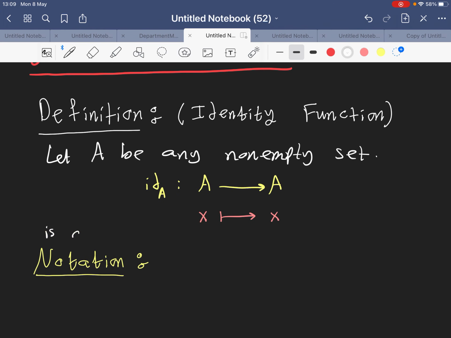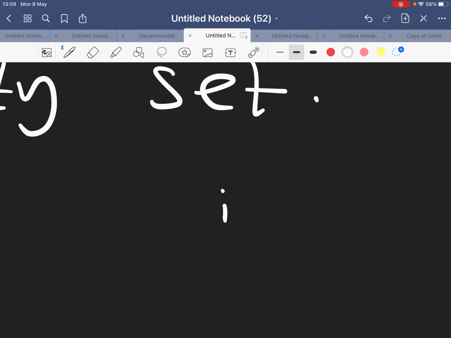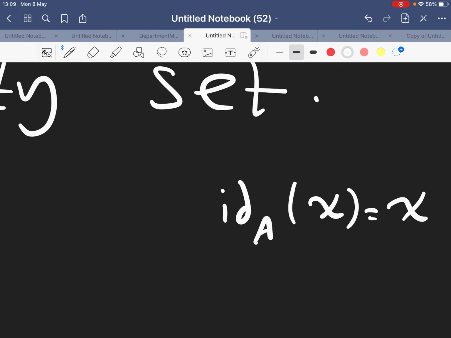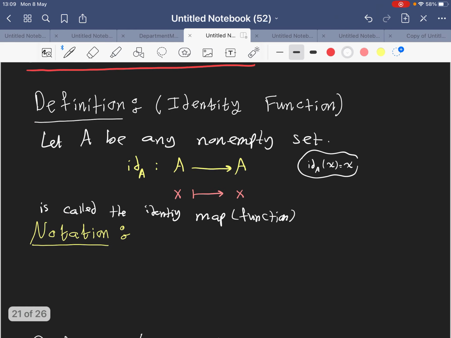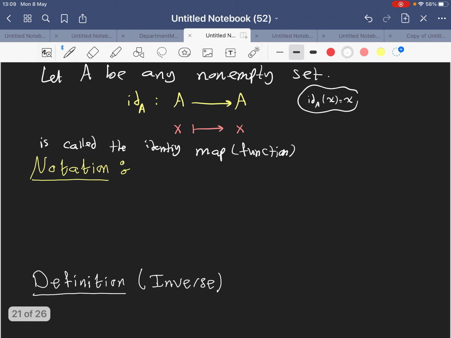And this is called the identity map or function. Of course, if we take the identity of any x, the answer will be just x. Keep this in your mind, and this is what we call the identity function.